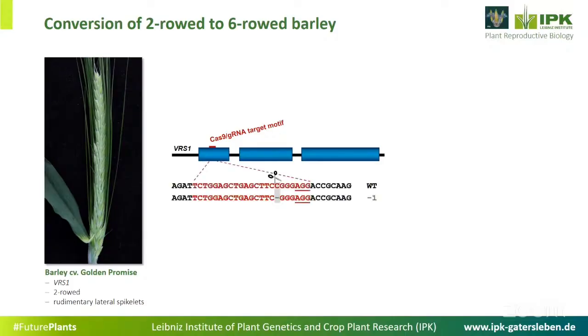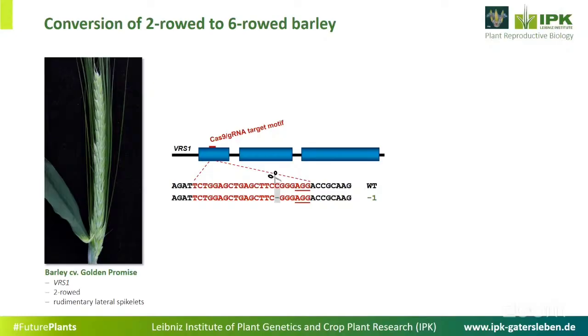Here you see the target motif within this VRS1 gene. And as you can see, just as an example, in the above line, you have the wild type sequence, which is the functional sequence. And we obtained several mutants, and just one mutant had a deletion of one nucleotide. So this C is missing in the mutant, and this results in the abolishment of the whole gene function.